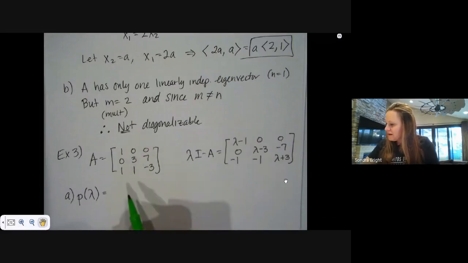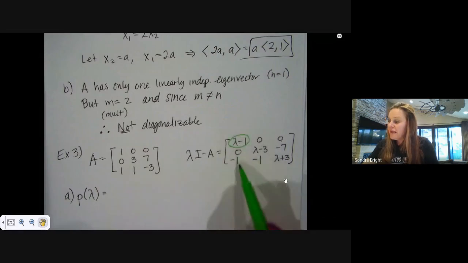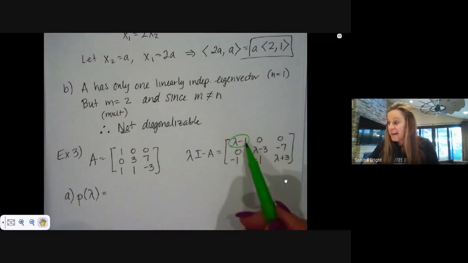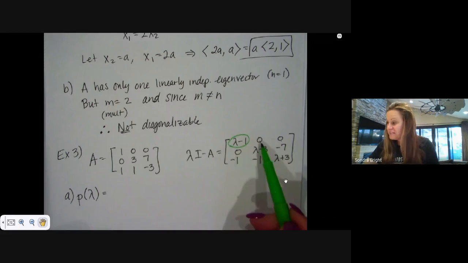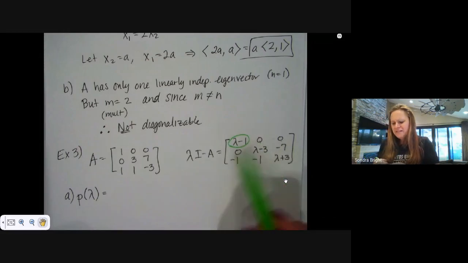Okay. All right, so I'm taking this one, ignoring its row and column, and then times the determinant of this one. But then remember, it would have been minus 0 times the other determinant, and then plus 0 times that determinant. Lovely. This is going to be so much easier.